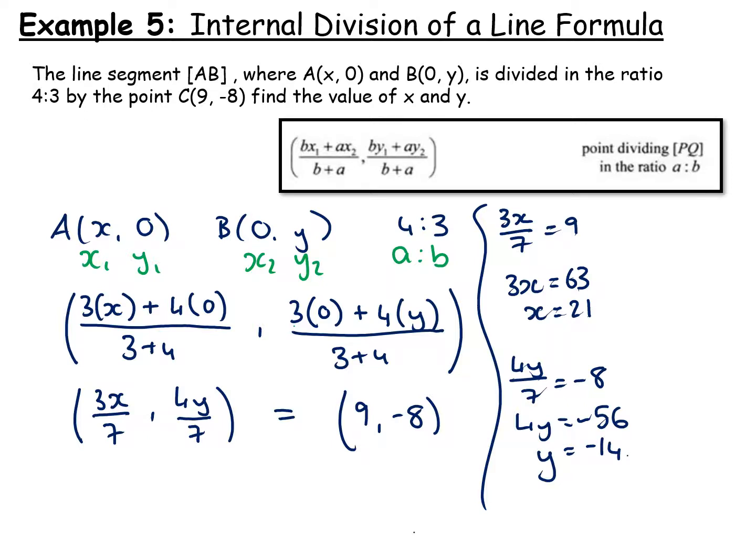So our points are A is 21, 0, and B was 0, minus 14. So we can work backwards, and that again is another nice way to use this formula when we don't know one of the points, or even if it's just one coordinate from each point we don't know, and we can work with knowing the answer, knowing the coordinates in terms of unknowns, and working backwards.